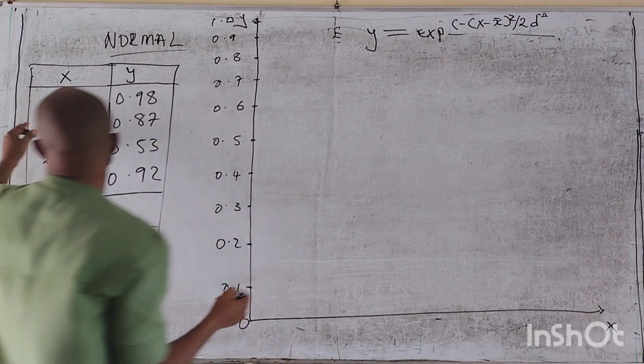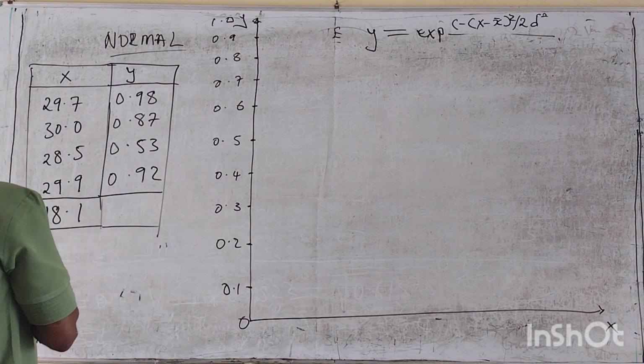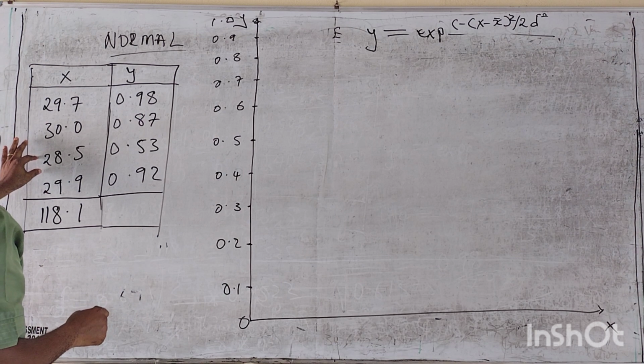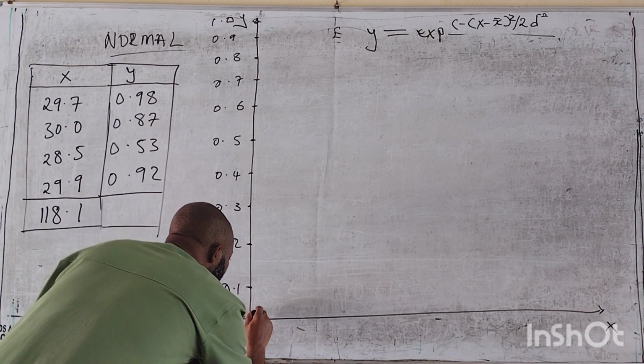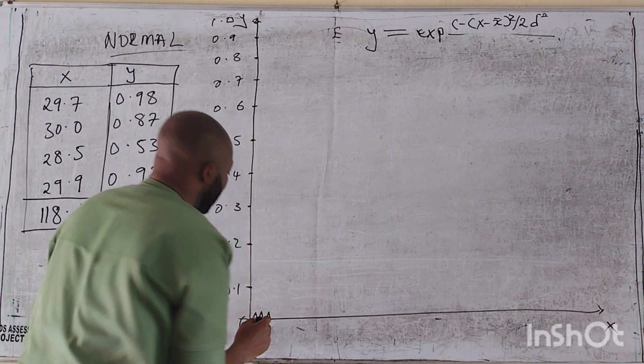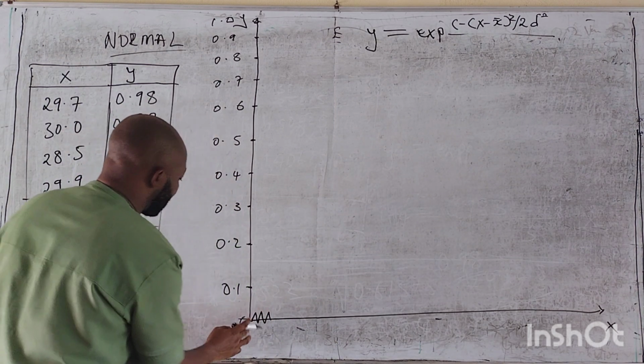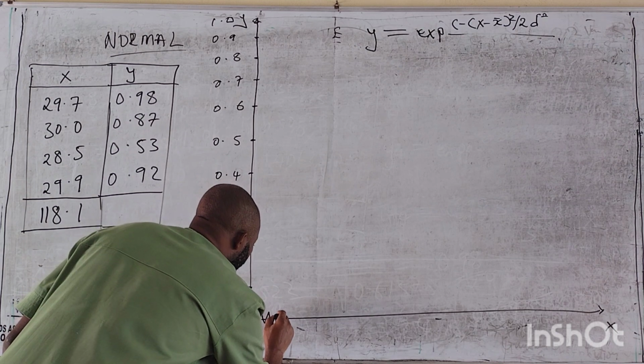Now this way we have the values falling between 28 and 29.9. So I can easily say this means all of this, starting from 0 to wherever I am right now.